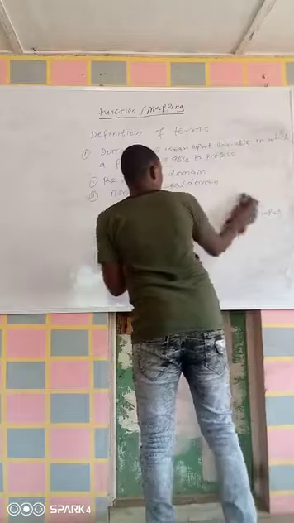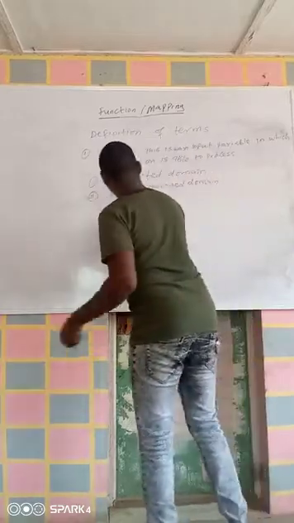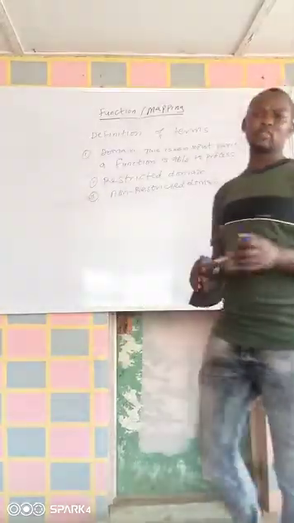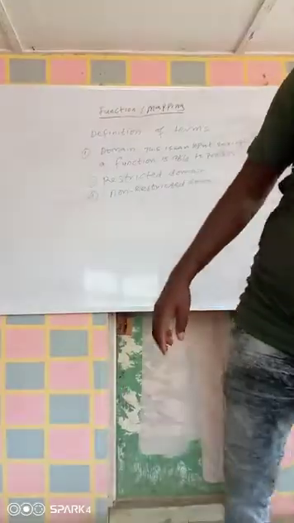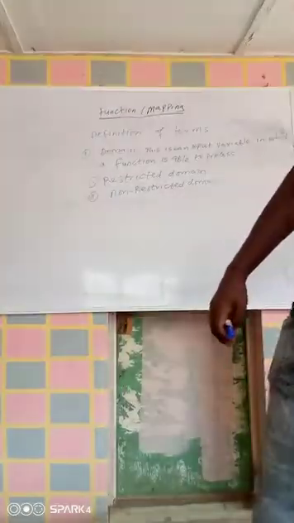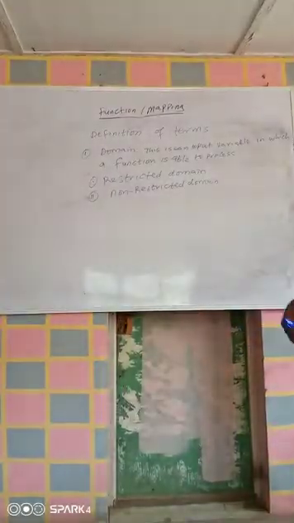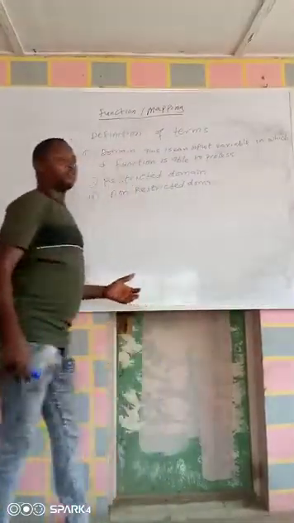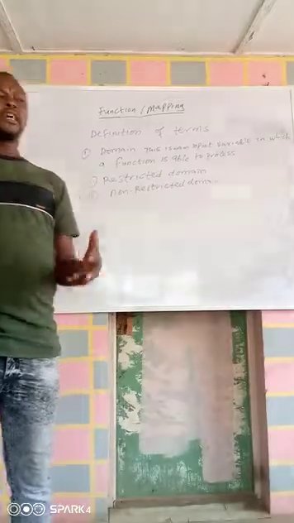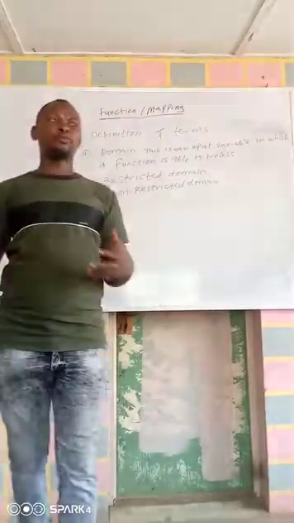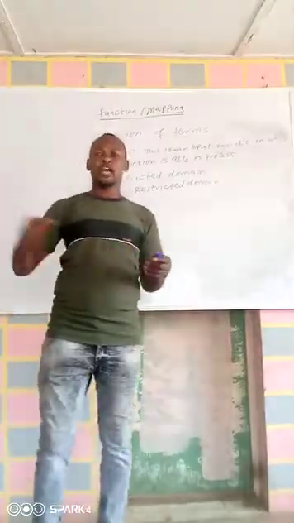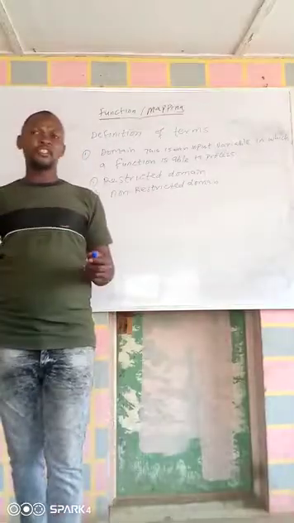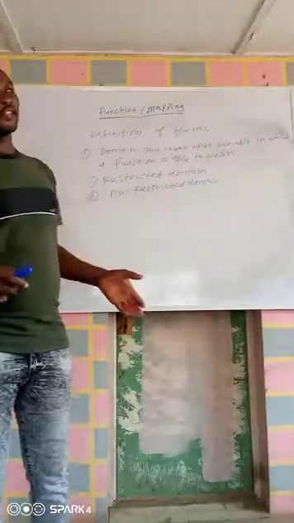We also have a non-restricted domain. For a non-restricted domain, the input variable will not be given. We only test or substitute using all the integers, positive integers and negative integers.